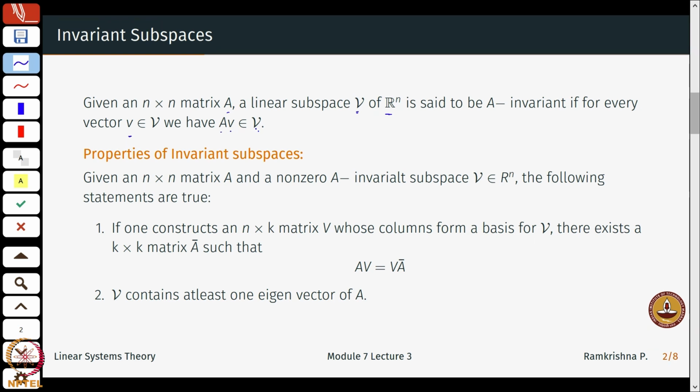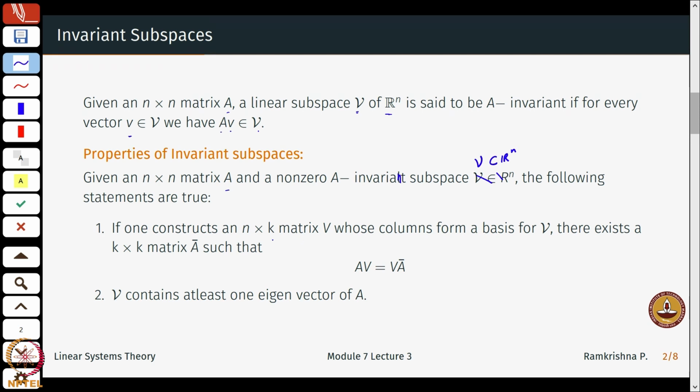And this comes with a couple of nice properties. The first one is, if I have an n cross n matrix A and a non-zero A invariant subspace V in R n, then the following statements are true.